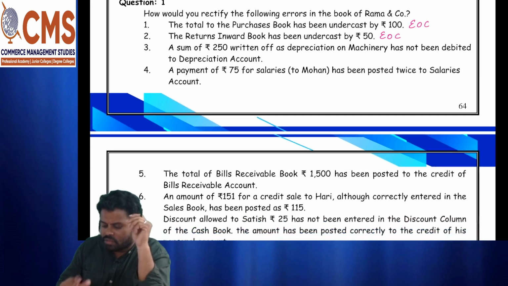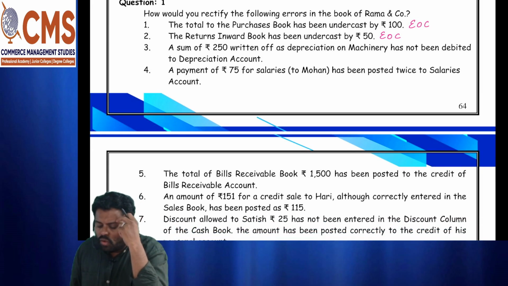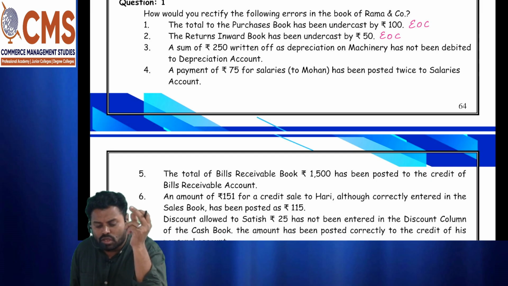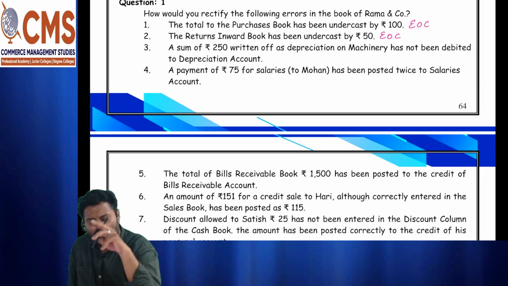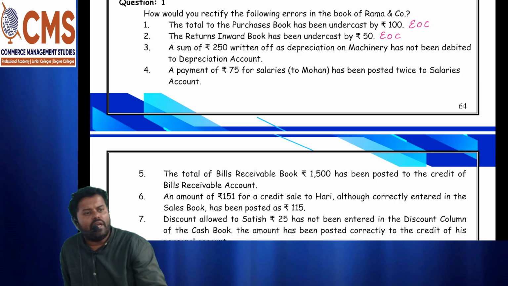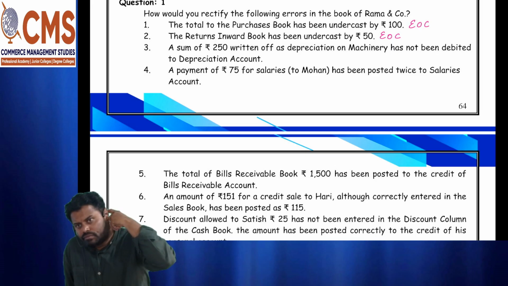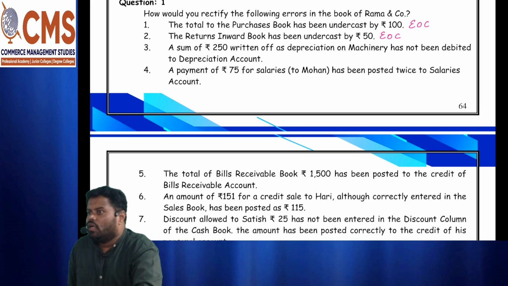Okay. Next. A sum of 250 written off as depreciation on machinery has not been debited to depreciation account. How many accounts are affected? First of all, what is the entry that you will write when you provide depreciation on machinery? Depreciation account debit to machinery account.